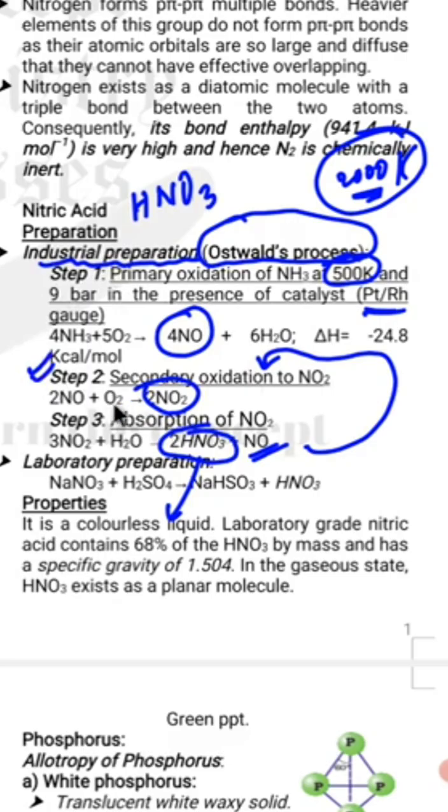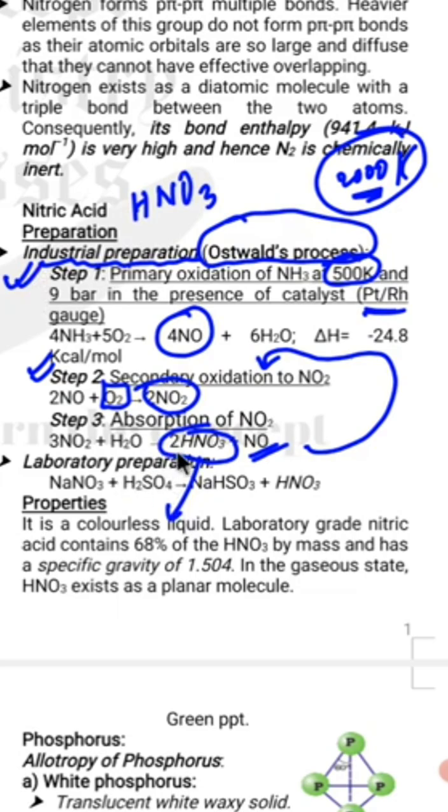The only requirement will be oxygen, and oxygen is easily available in the atmosphere, which can be collected by fractional distillation. So this is the industrial preparation of nitric acid, which is very important from the examination point of view.